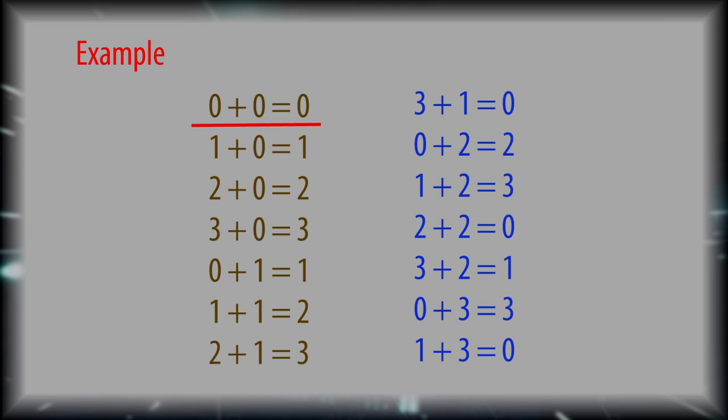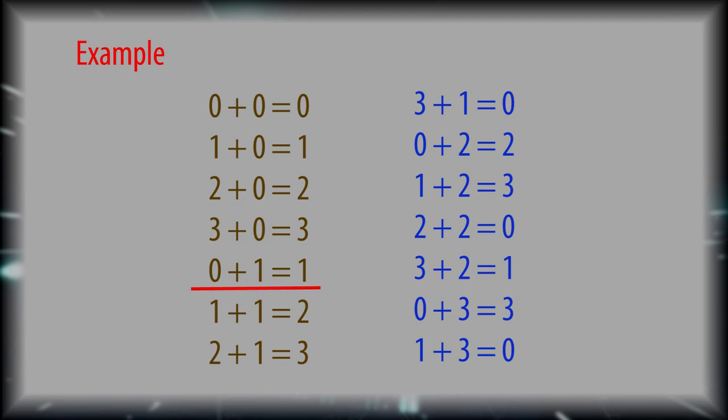For example, 0 plus 0 is equal to 0 in mod 4. 1 plus 0 is equal to 1 in mod 4. 2 plus 0 is equal to 2 in mod 4. 3 plus 0 is 3 mod 4. 0 plus 1 is 1 mod 4.